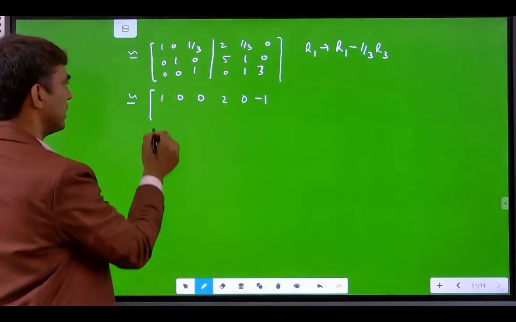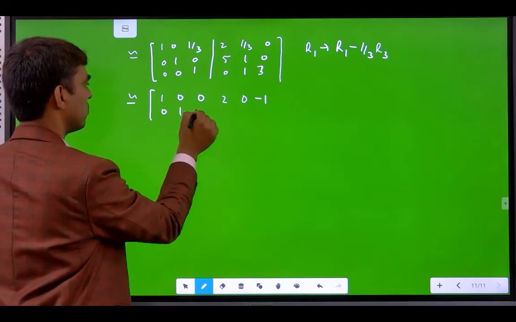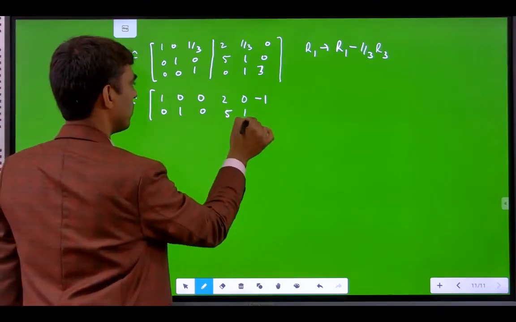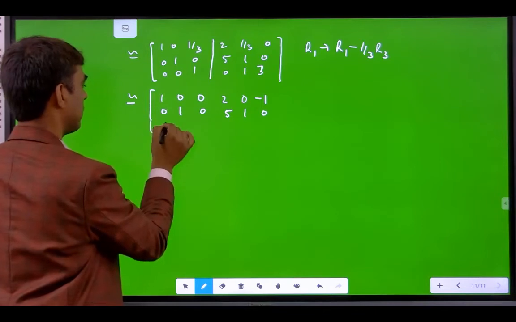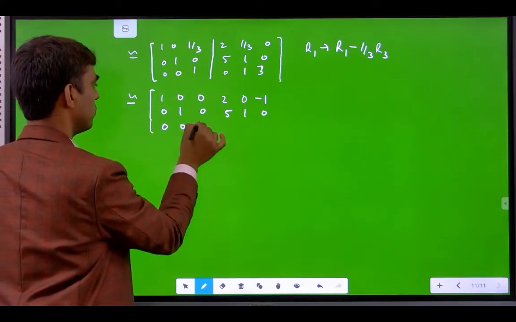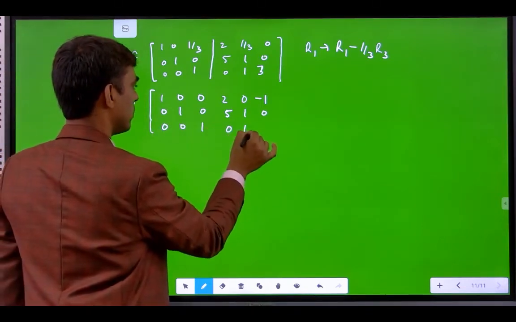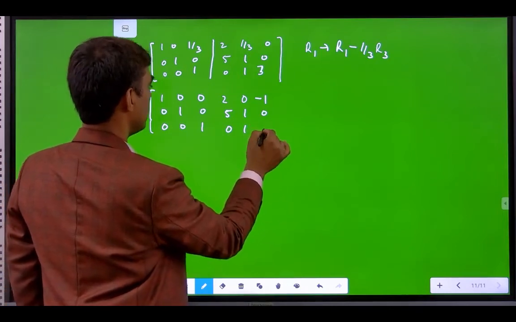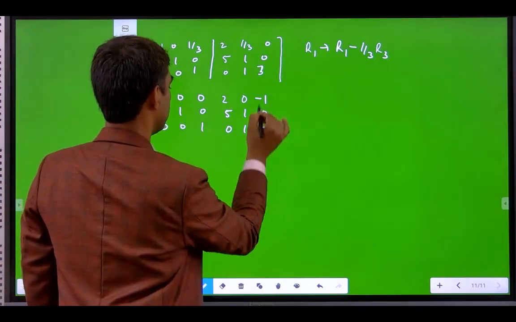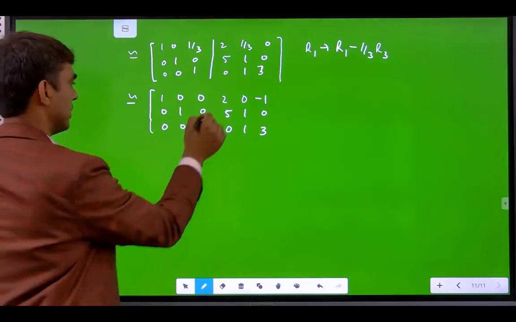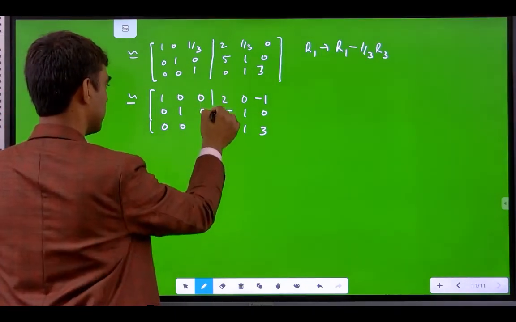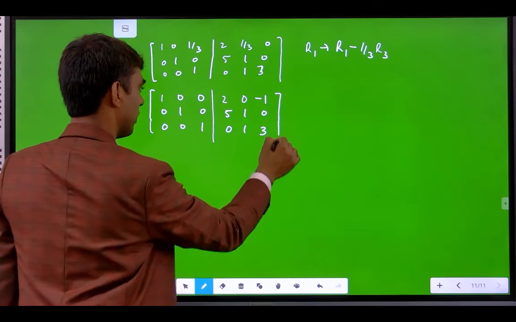Now there is no change in the second one. So 0 1 0, 5 1 0, and the third row becomes 0 0 1, 0 1, and 0 1. This becomes what? 0 1 3. So 0 1 3. So if partition B, then what is the value?